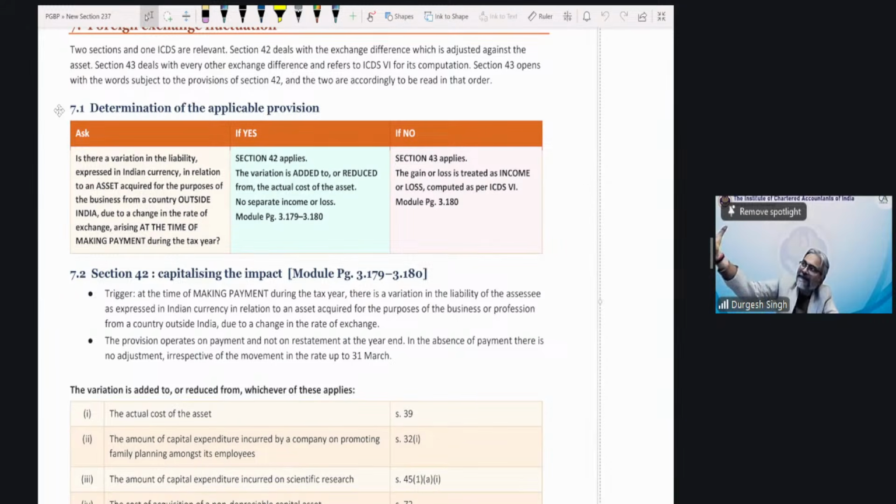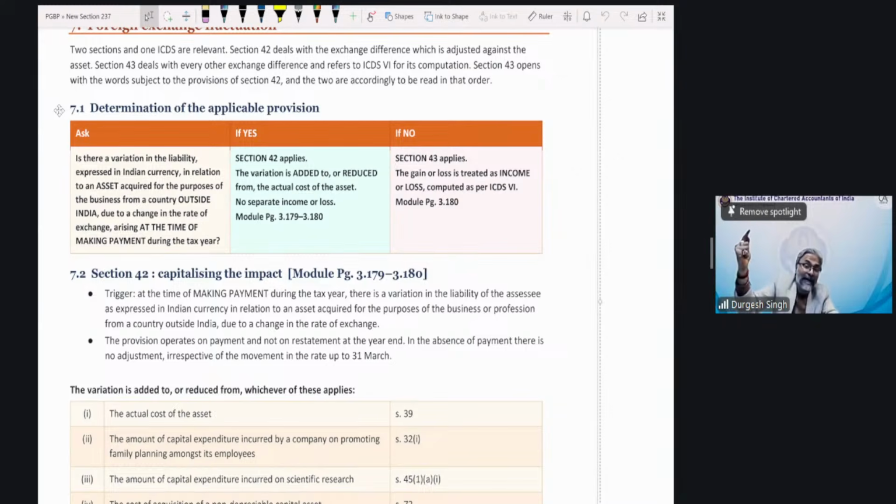Now the asset, when I have purchased, I have put to use. So the asset enters into the block at that point of time, at the spot rate. Spot rate means the rate prevailing at the time of purchase.